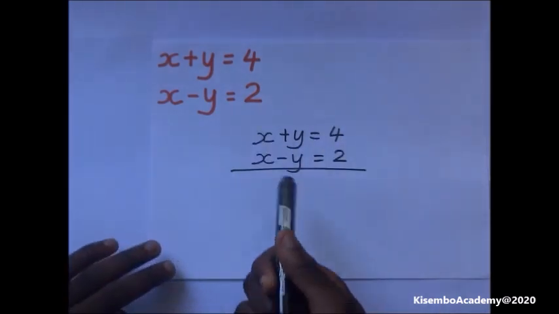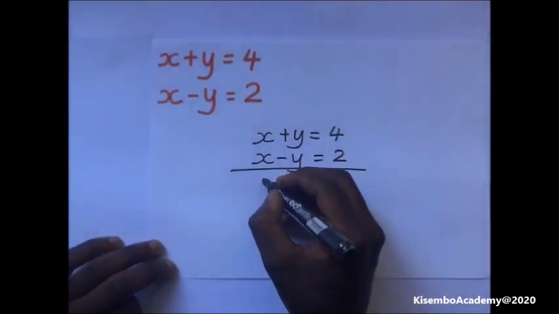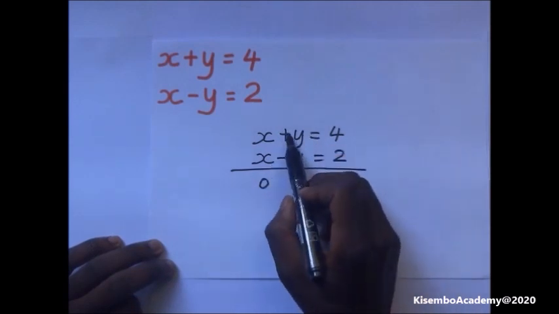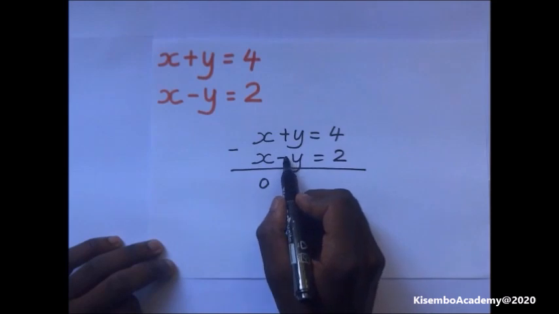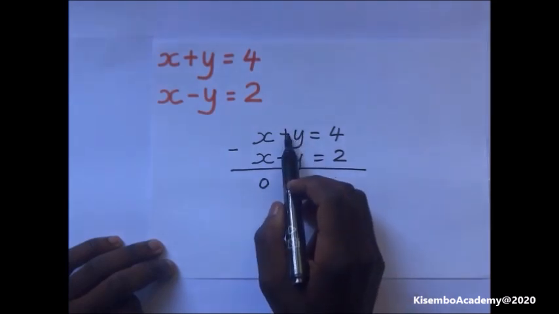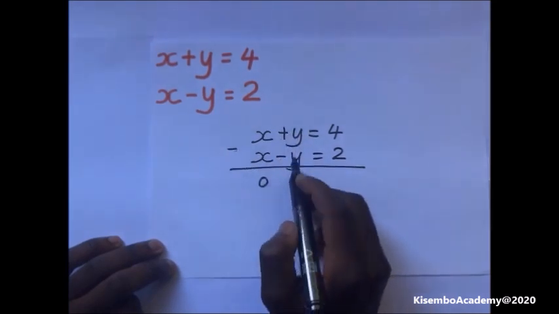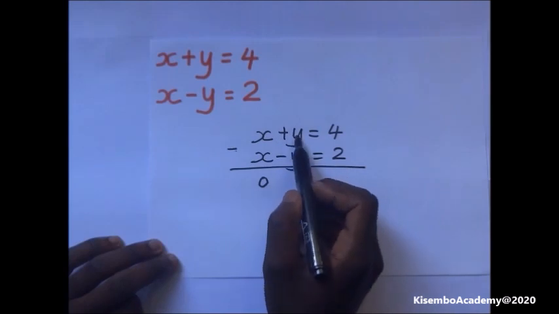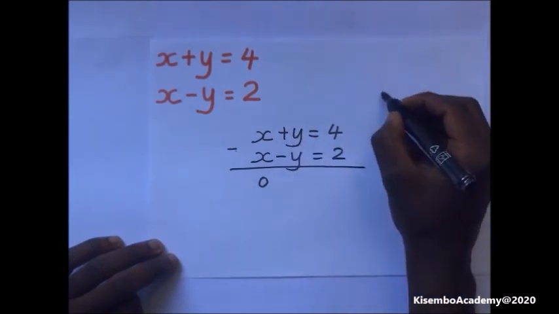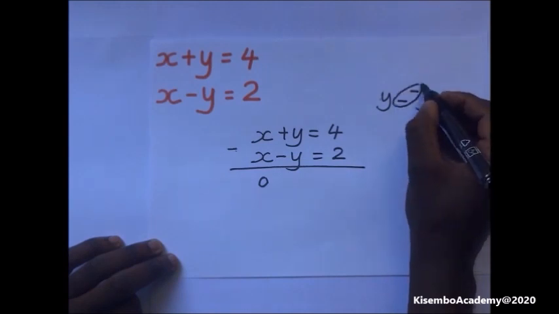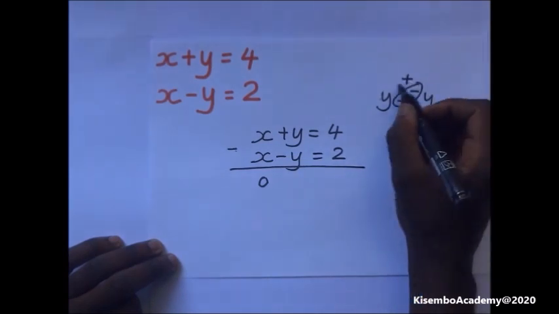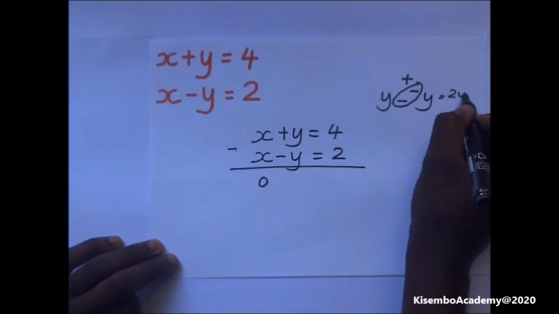So we say x minus x is 0. Then this is positive y minus negative y. Now remember, this is positive y minus negative y. Of course, this minus turns into plus. So y plus y is equal to 2y.